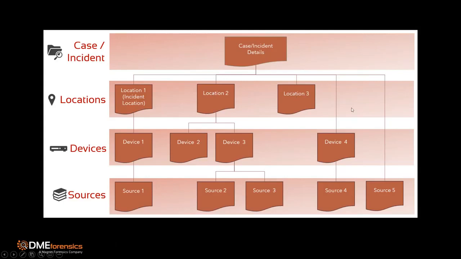You also may have incomplete information where you have potentially a source hard drive, but you don't know anything about the device or you don't know anything about the location, and therefore you really can't fill out that information. So again, depending on the scenario, depending on the case that you're working with, you could have multiple sources, multiple devices, and multiple locations added to DVR Examiner.